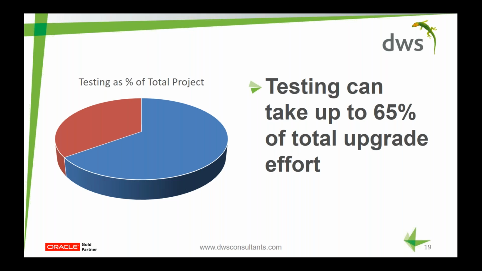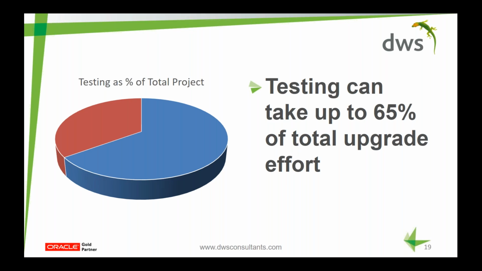Now, there's a lot of research out there about how long people spend testing their software systems. And Carnegie Mellon University did some research a few years back. And in a typical software development project, they estimated that 35% or thereabouts is actually spent on testing.